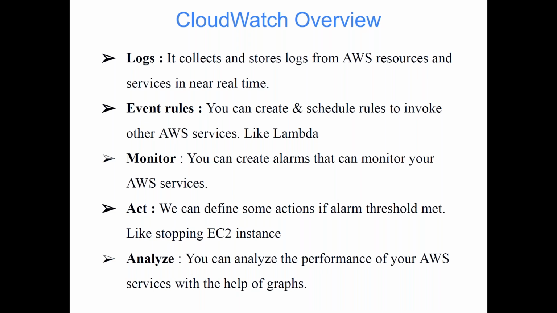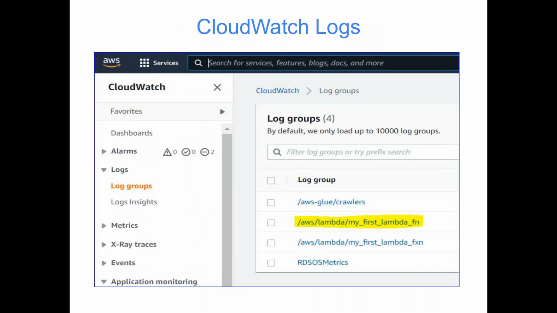I will show you live on my AWS console as well. But before that, let me quickly show you a few slides. You can see this one. If you go to CloudWatch, on the left side, you can click on Logs and then Log groups. Different log groups will be there. One day we created a crawler while we were working on Glue, so there is a log group available for the crawler.